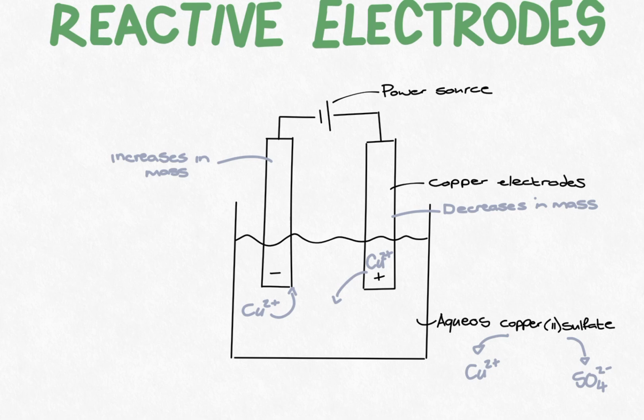At our anode, the copper atoms are oxidized, meaning that they lose 2 electrons, becoming positively charged and will enter our electrolyte. This means that overall, the mass gained by the cathode is equal to the mass lost at the anode.